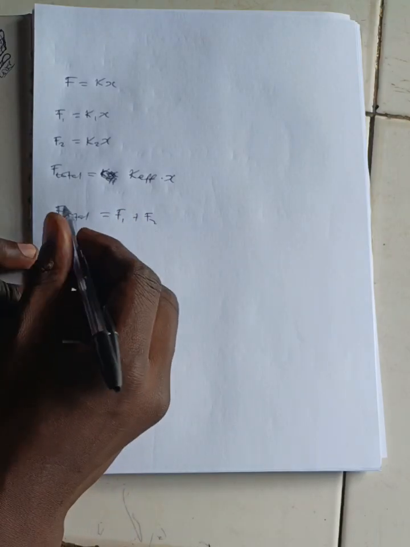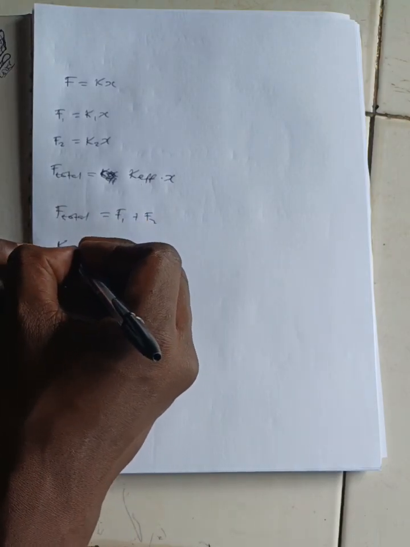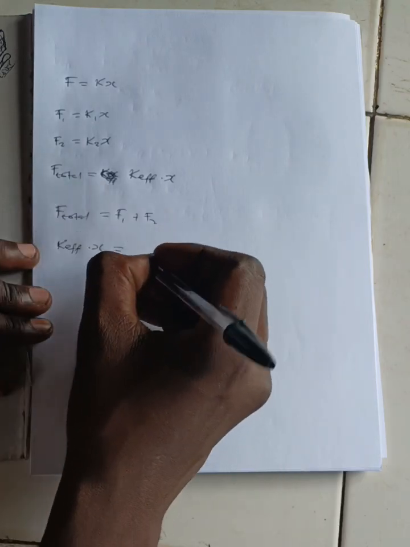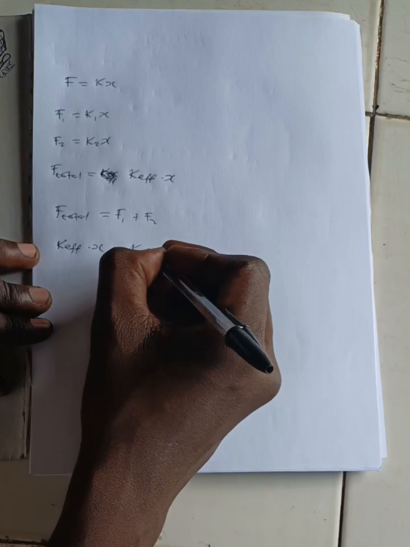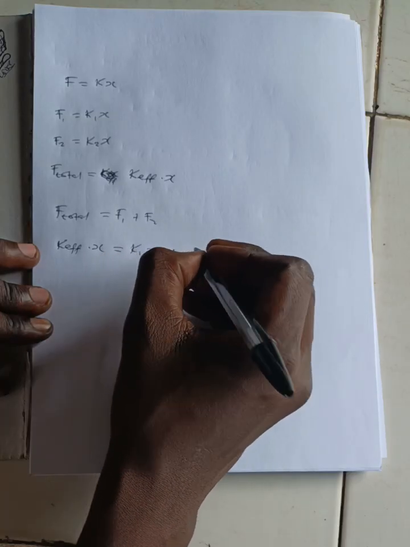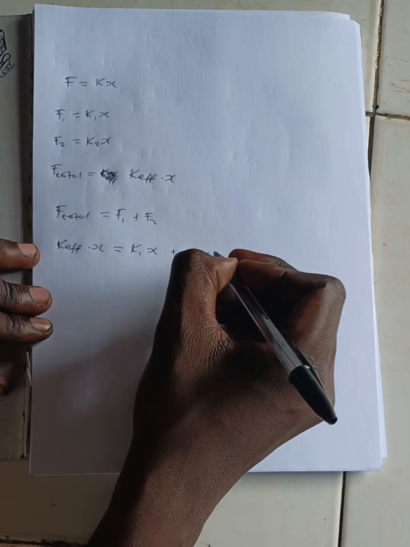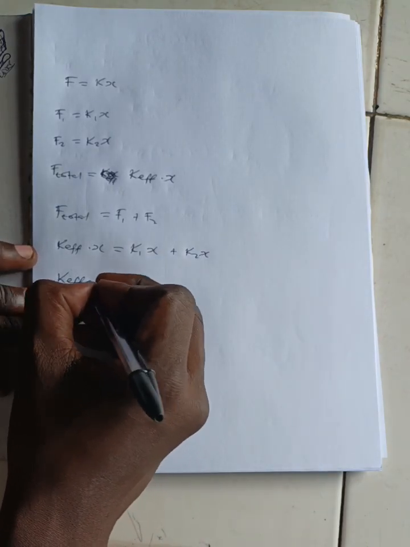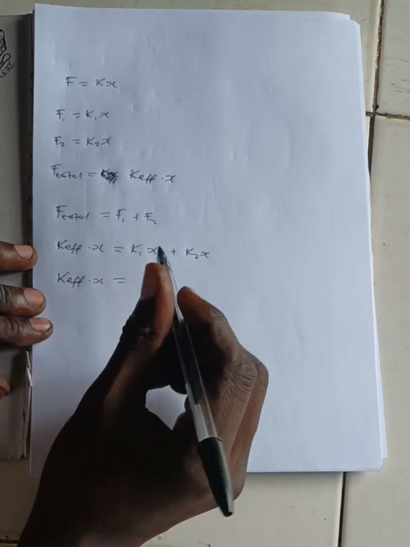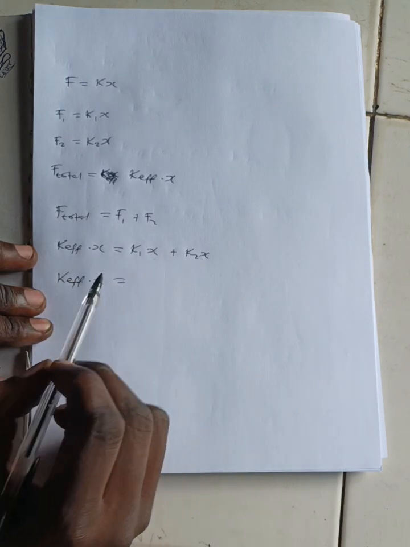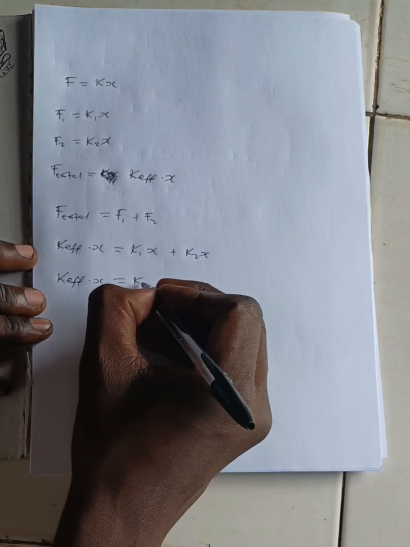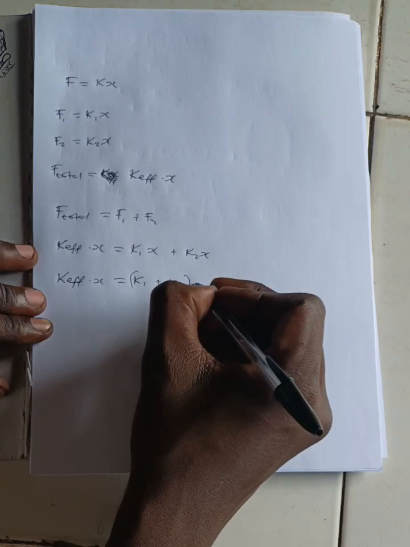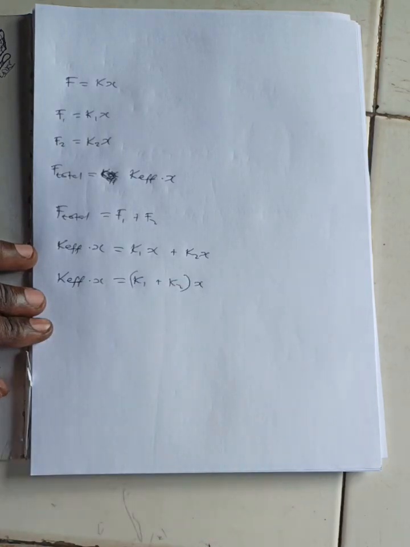Then when we replace here, our K effective multiplied by X will be equal to K1 multiplied by X added to K2 multiplied by X. Since X is common here, we can factor it out. We'll say we have K1 added to K2, then multiplied by X there.